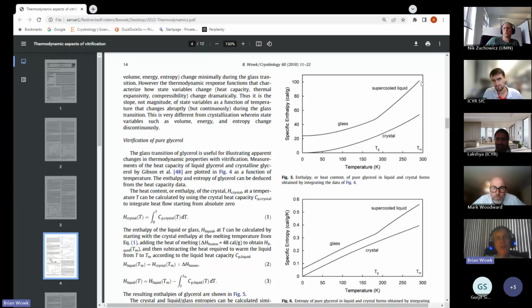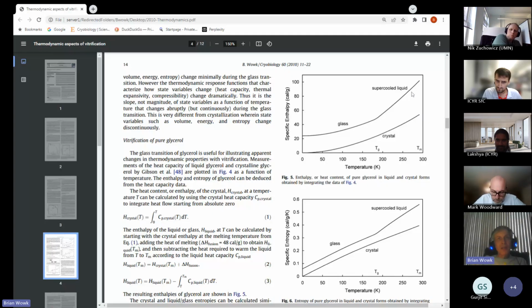So now we've got a sample of liquid glycerol right at the melting temperature. And now we're going to start cooling that liquid and measuring the amount of heat we take away from it. We're going to do this fast enough that we're going to supercool it and then vitrify it without letting it crystallize.